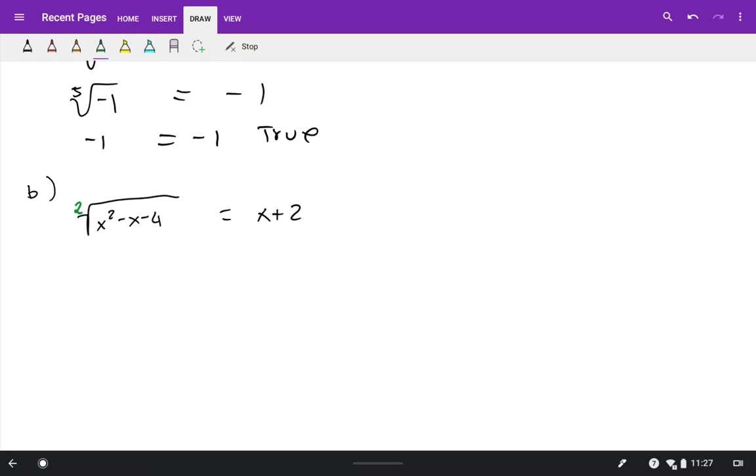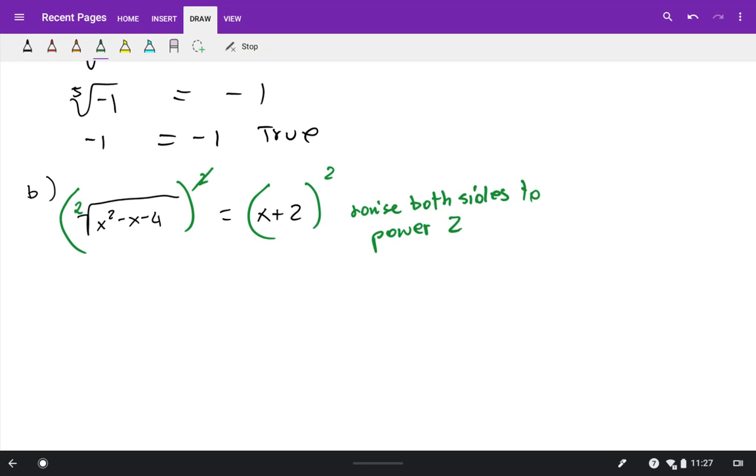So the idea is to remove the radical. So we can do it by raising both sides to power 2, since the index of the radical is 2.